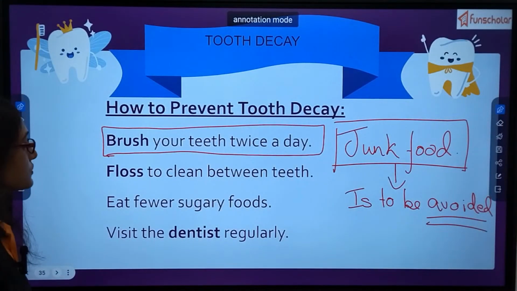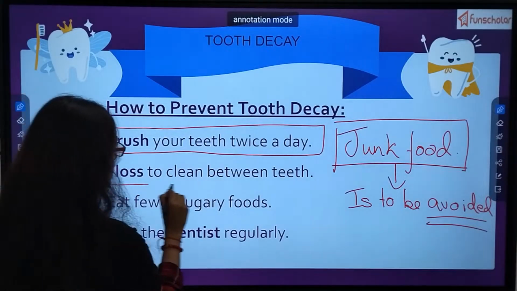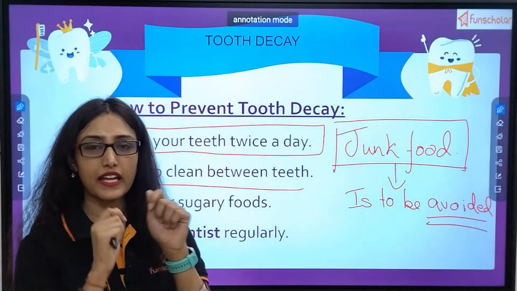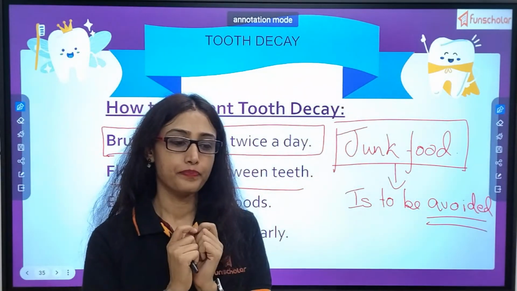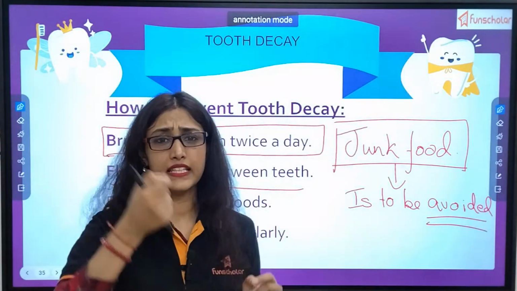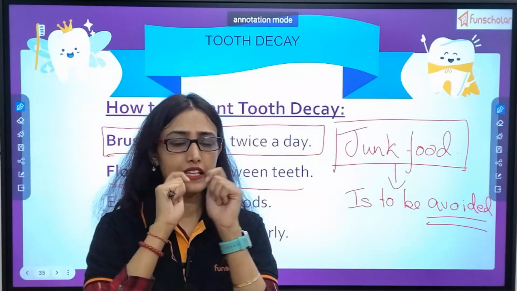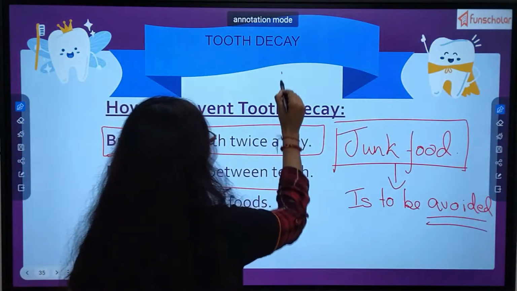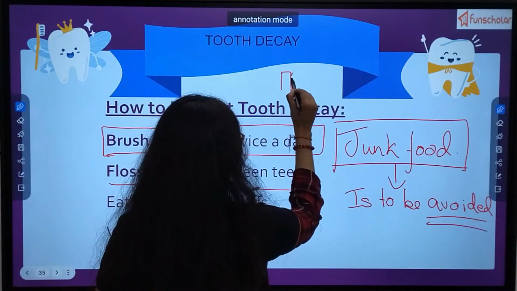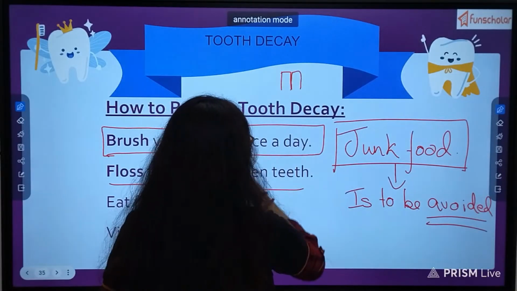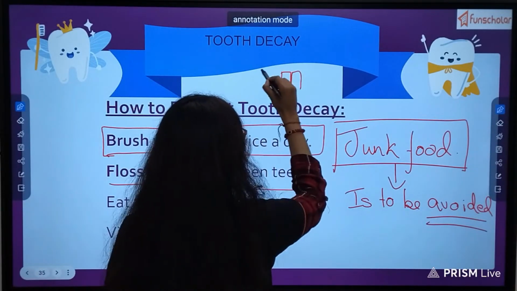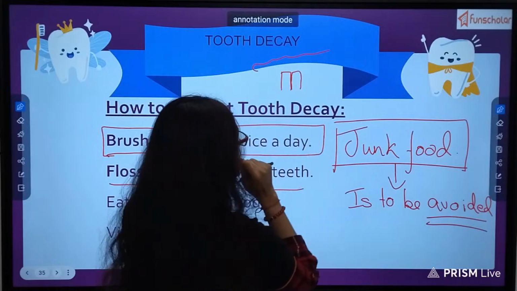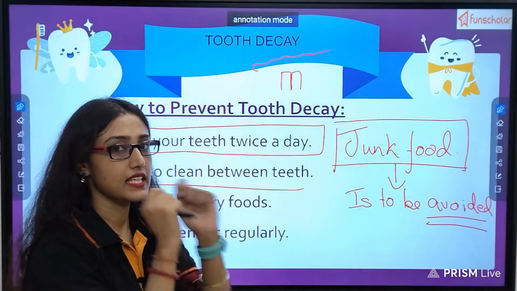See, floss to clean between teeth. What is floss? It is a thin thread-like structure that is used to clean the teeth. Suppose this is a tooth and this is another tooth, and floss is a thread-like structure which is used to clean your teeth this way.